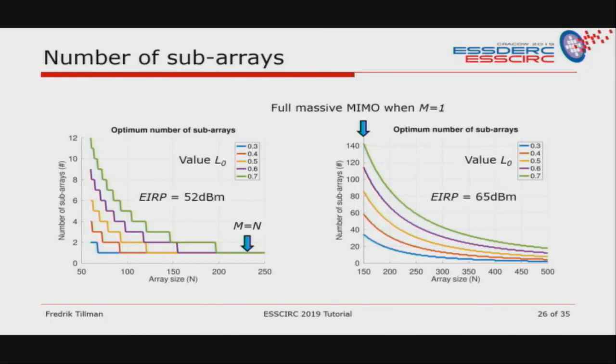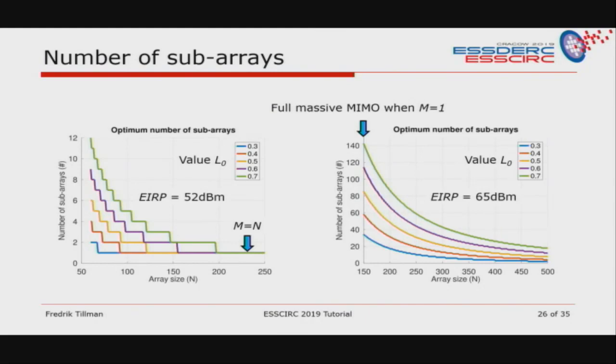Whereas if you go for very large arrays, which you will need in order to have good enough EIRP, then you see that it's not really that obvious. Then you will have the trade-offs.